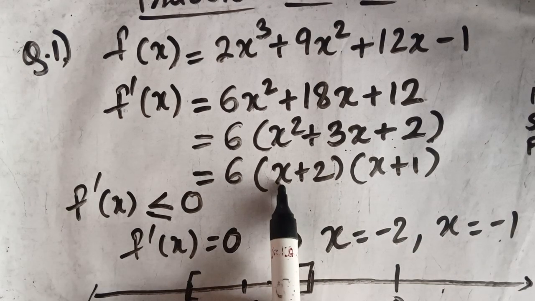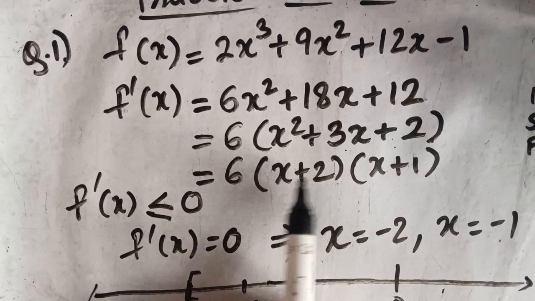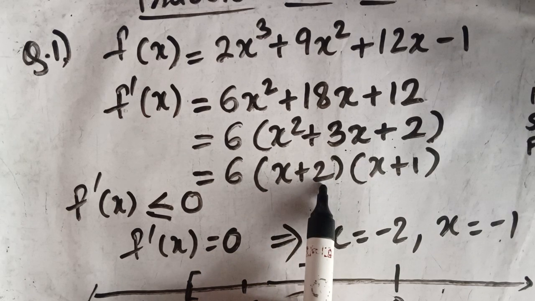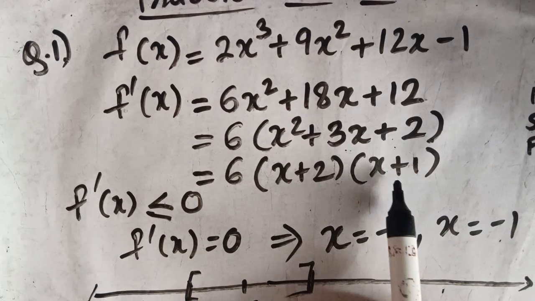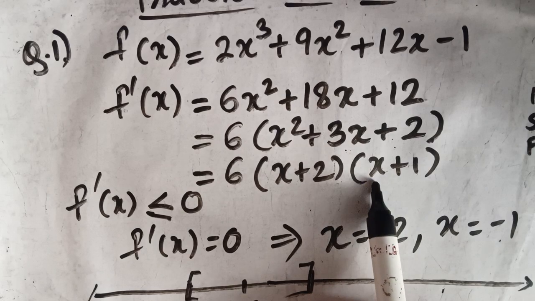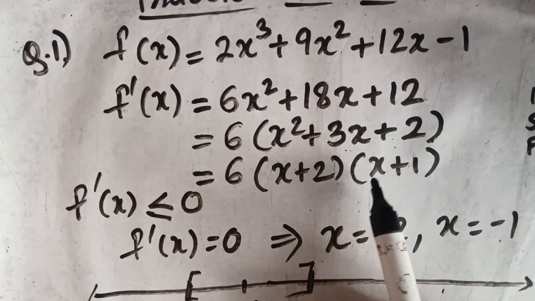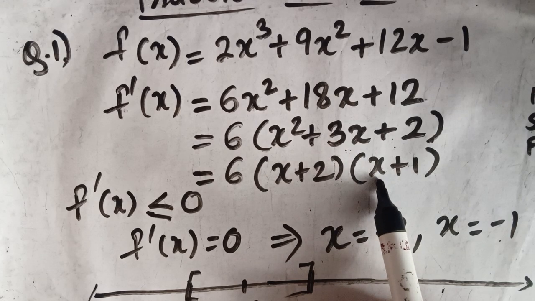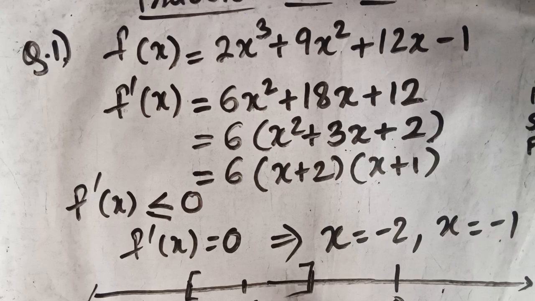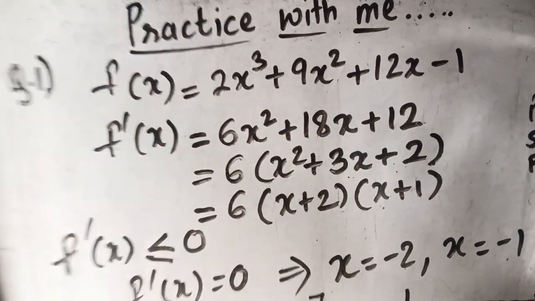Minus 1.5 plus 2 is positive, so the sign is plus. Minus 1.5 plus 1 is negative, so the sign is minus.